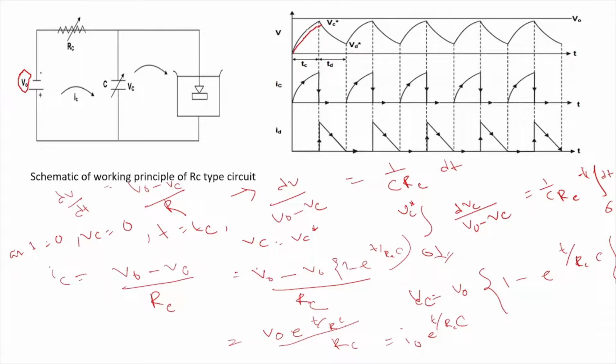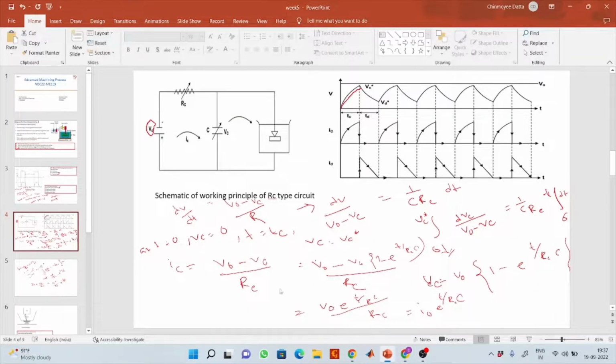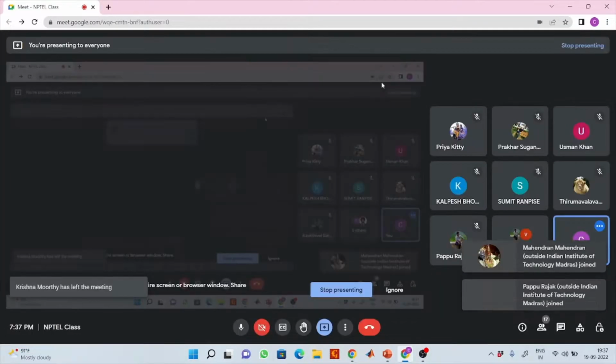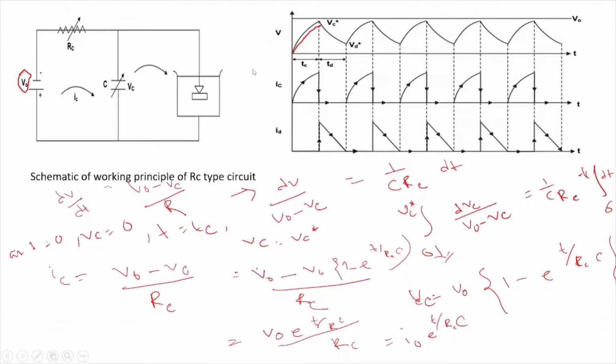So during charging the voltage increases, that is Tc, the charging time, and it will be equivalent to T off time, the pulse off time.